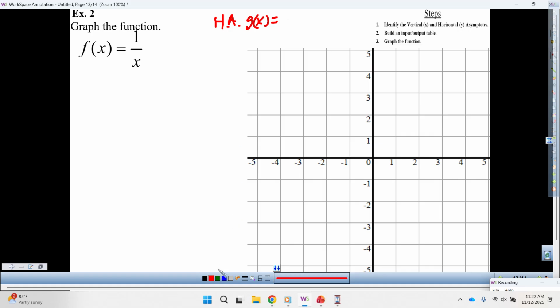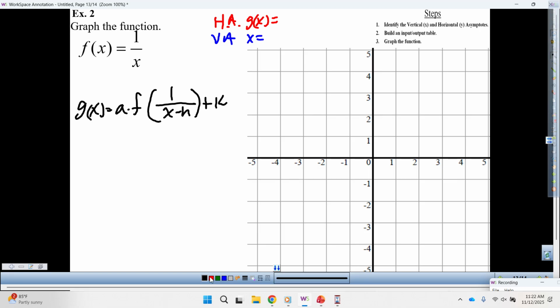And then we also need our VA, our vertical asymptote. Now check this out. In order to know if it has it, those of you that don't see it, you want to write this underneath. That's going to guide us to look at this according to that.